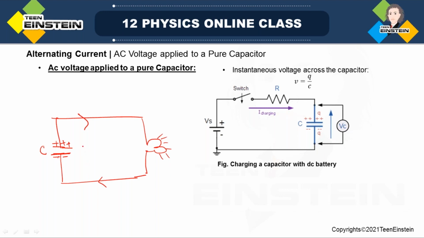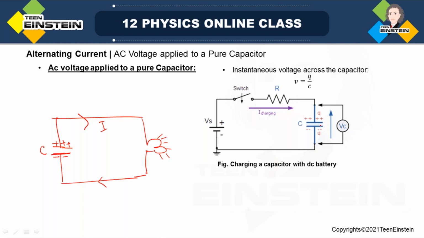So this is how charging happens. After charging, when you use it in a circuit, this capacitor will discharge and send a current in the circuit. Anyway, you can see that you cannot get uninterrupted flow of charge in case of DC charging.